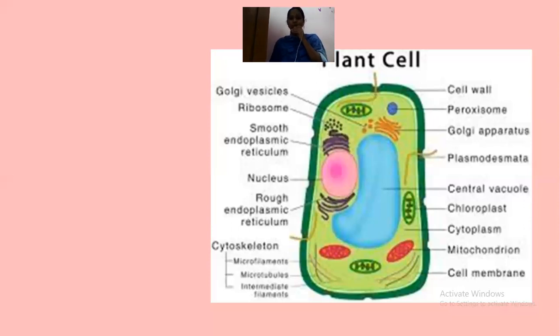So this is about the cell and the ultrastructure of the plant cell. With the Schleiden and Schwann cell theory, it is clear to everyone that the cell is the structural and functional unit of all living organisms, and cells always arise from pre-existing cells.